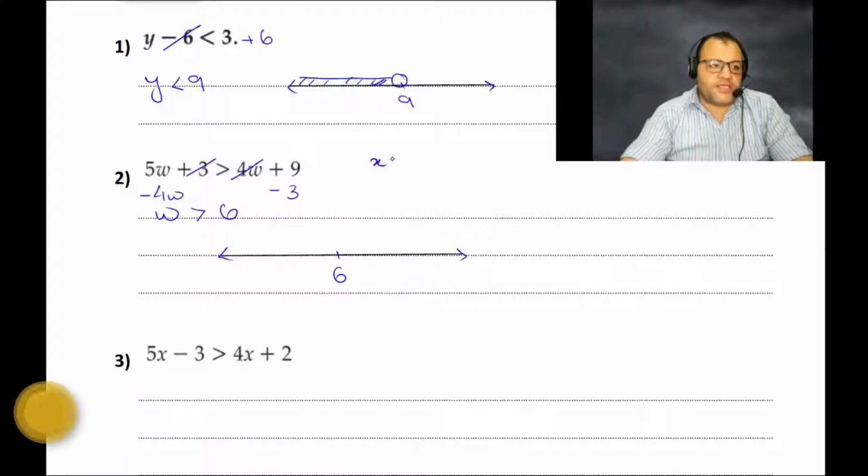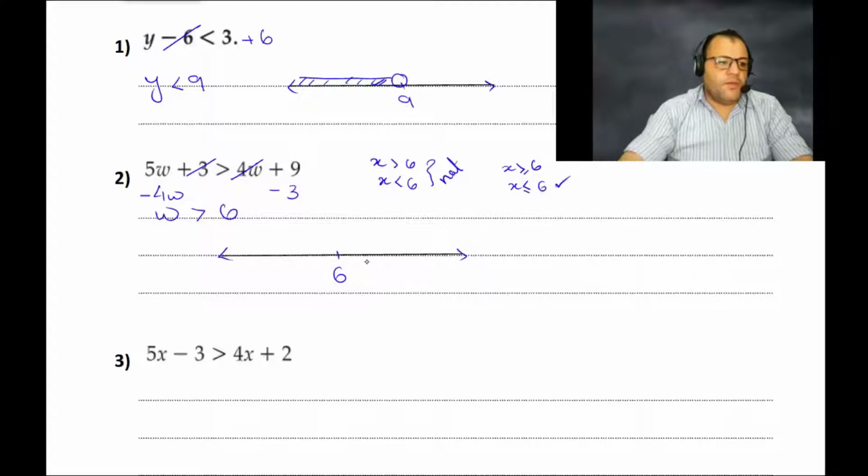When I say x is greater than 6 or x is smaller than 6, it means 6 in the two cases is not included. But when I say x is greater than or equal to 6 or x is smaller than or equal to 6, it means it will be included. Because it's not included, it will be an open circle and we need W greater than, which means we are moving to the right.